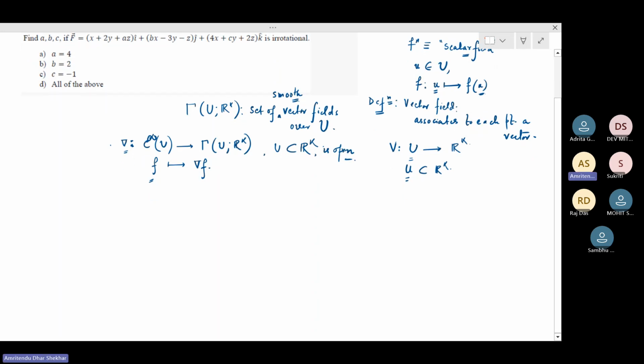Okay, so this grad is basically an operator which takes a function as an input and gives you a vector field. So let's take an example.